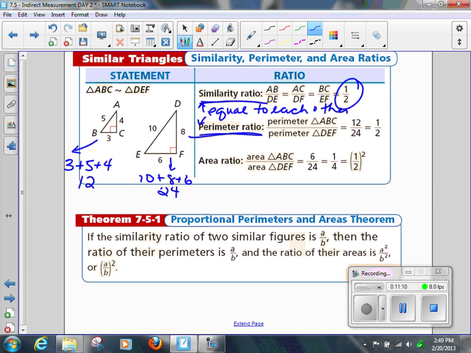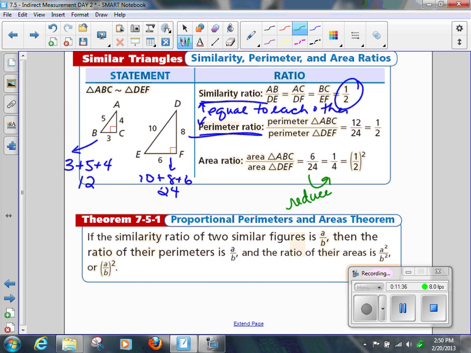Okay. But the area, you're told that the area of this triangle is 6 and the area of DEF is 24. At some point, you're going to have to find the area of those triangles, okay? 1/2 B times H. Right now is not the time we have to do that. But you do have to know that if we're given 6 over 24, you're going to reduce to get 1/4.